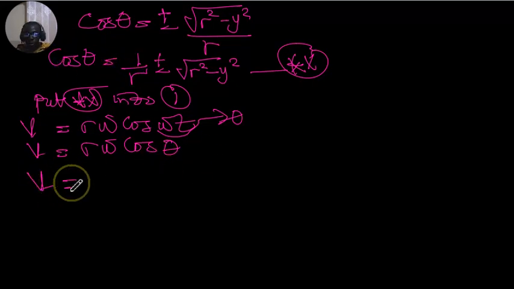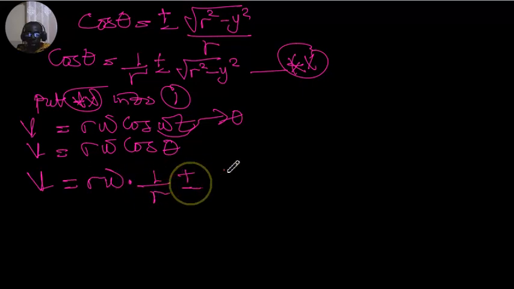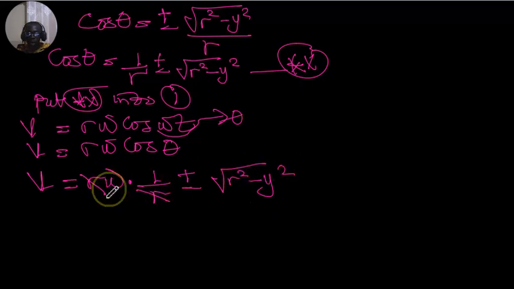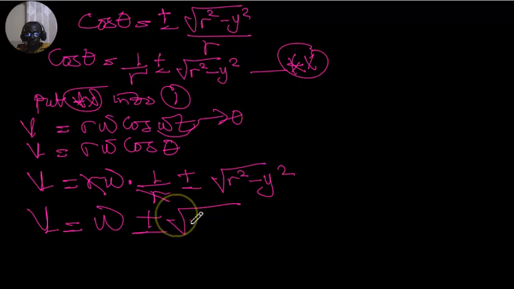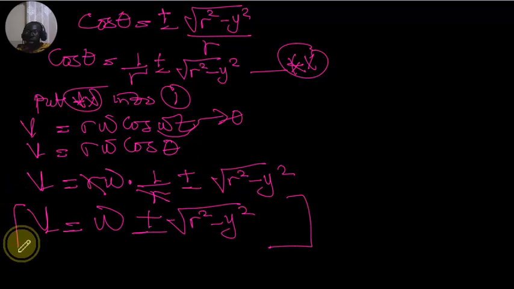So you have v equals r omega, times 1 over r, plus or minus the square root of r squared minus y squared. Cancel this r, so we are left with v equals omega times plus or minus the root of r squared minus y squared. And this is known as the velocity at any instant of a body performing simple harmonic motion.